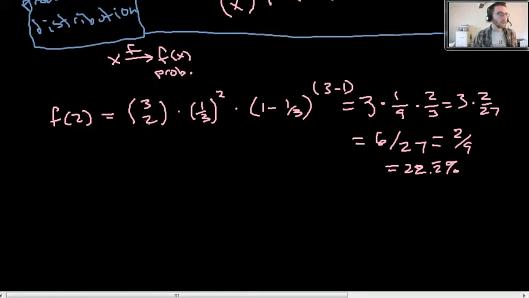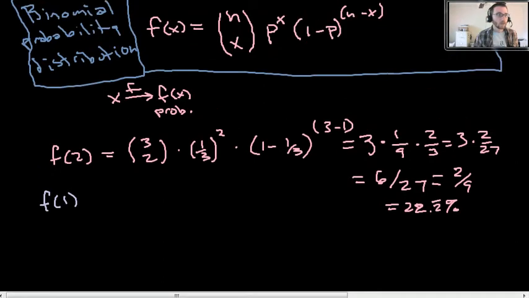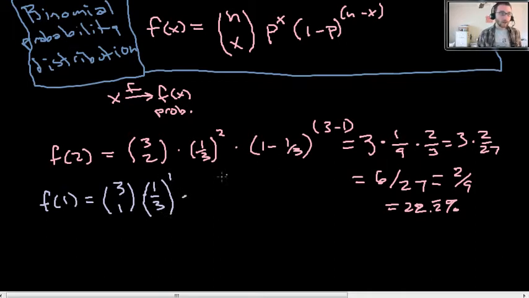Let's do a few more just to work through these. So f of 1, what's the probability of getting 1? Well, it's going to be 3 choose 1 times 1/3 raised to the first power times, and I already subtracted 1 minus 1/3 once before, so I'm not going to do that math again, 2/3 raised to the 3 minus 1 power.